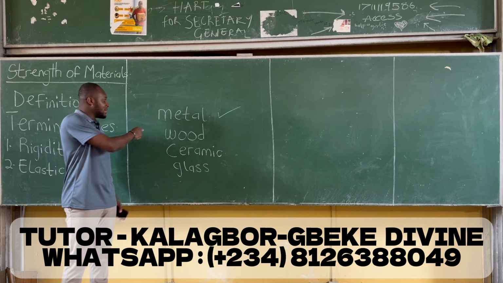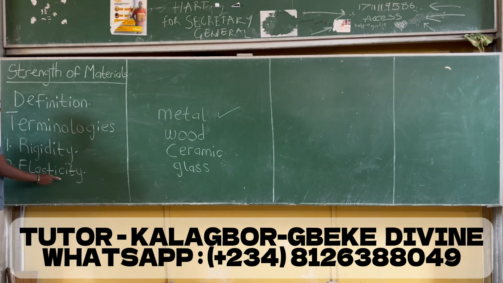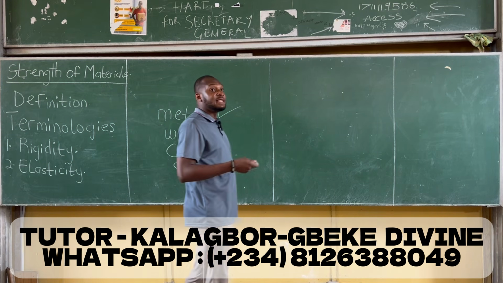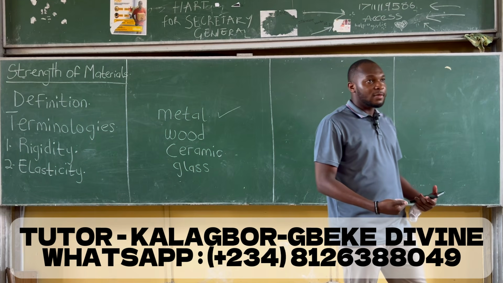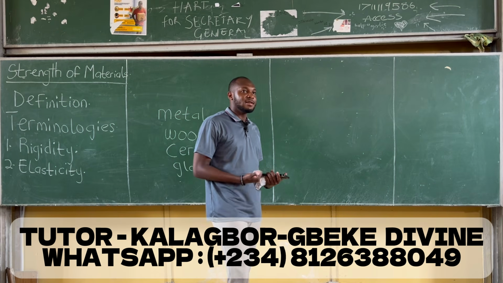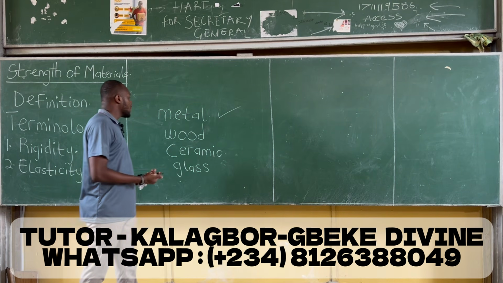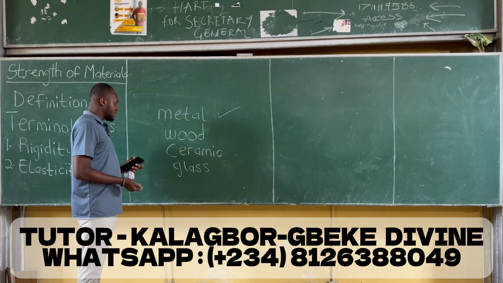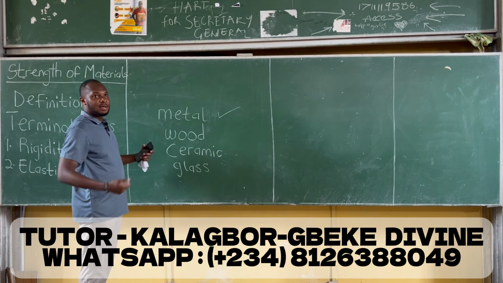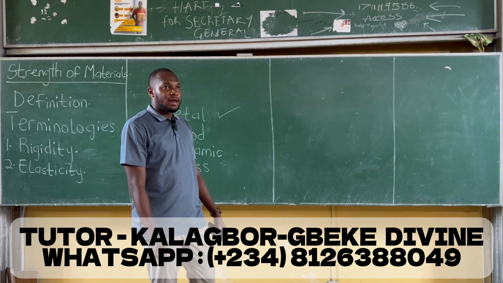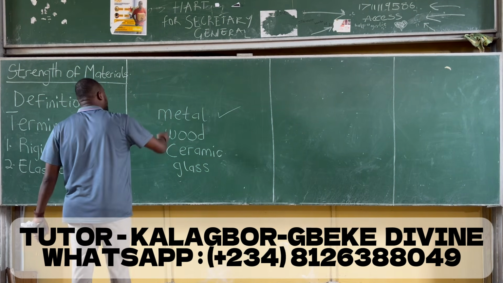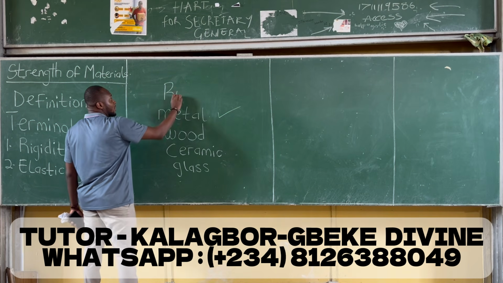If heat is applied to it, it will expand and can deform, but I'm not sure it will return to its original length. It will not, right? What about wood? Same thing. Ceramic, glass. So someone should mention one material that can expand and contract. Any idea? Rubber. Okay, let's write rubber.